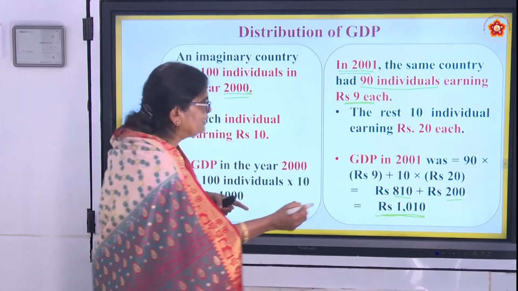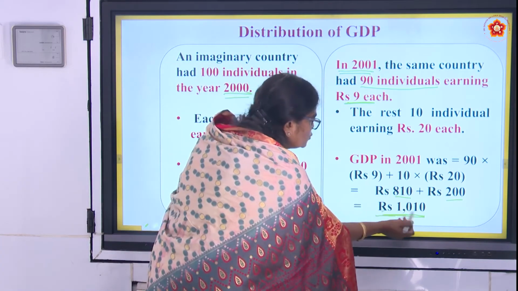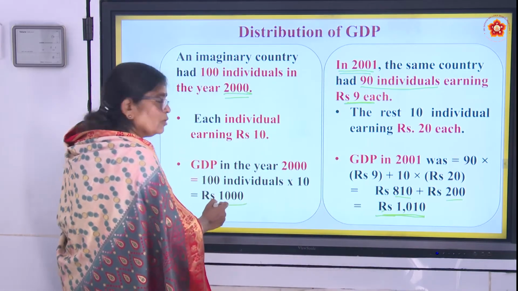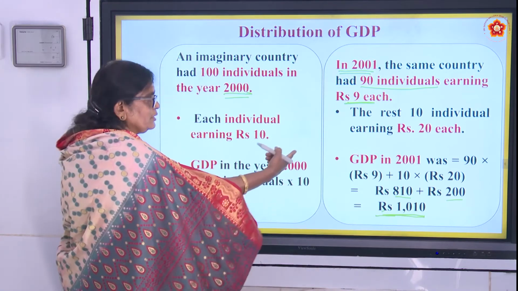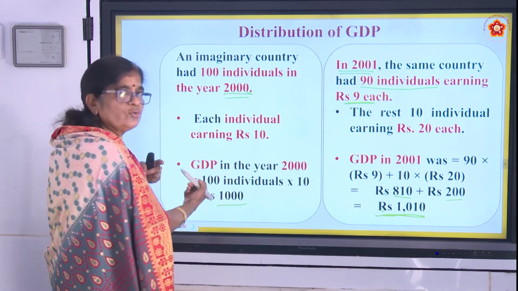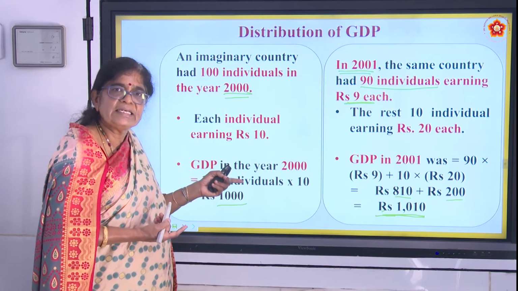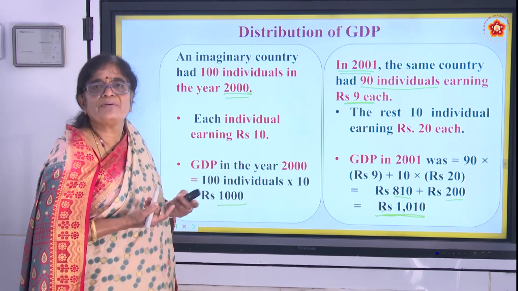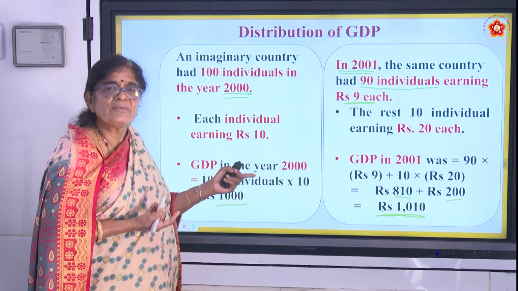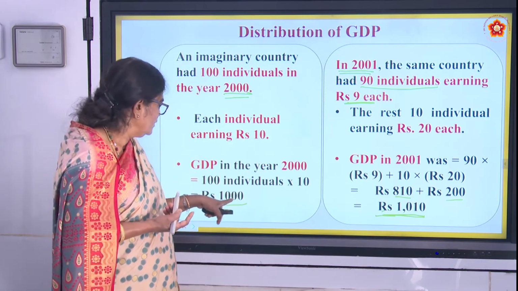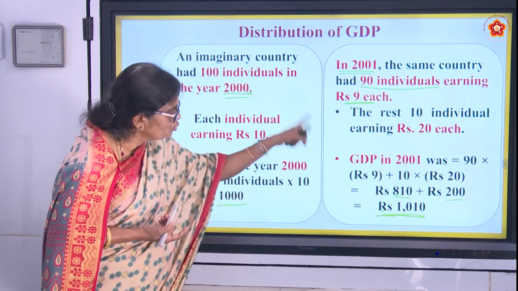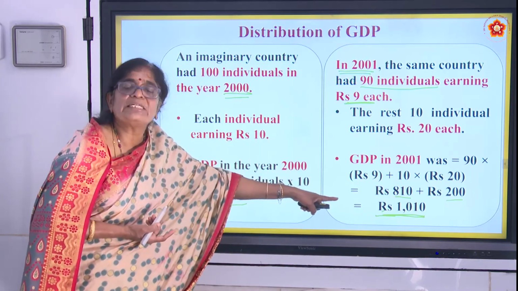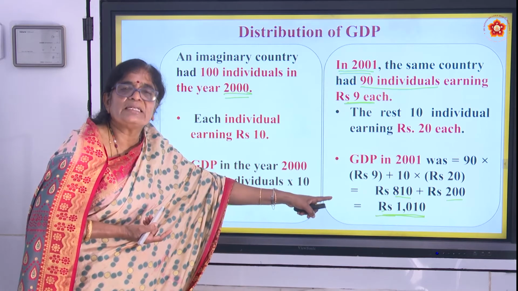It increased by 10 rupees, to 1010, while in 2000 it was rupees 1000. Can we say that GDP has gone up? Yes, GDP has really gone up. In 2000 it was 1000 rupees. In 2001, with the same population, it is rupees 1010. GDP has increased by 10.